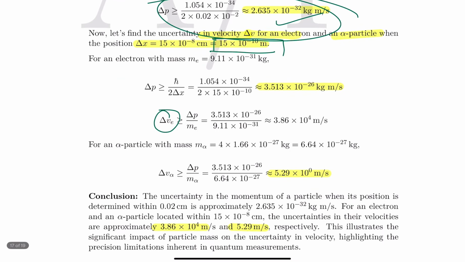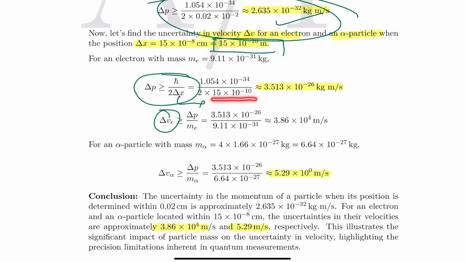Okay, and you have all these things already calculated earlier as well. So we are again taking the momentum form, that is momentum is greater than or equal to h bar by 2 delta x. You have this delta x this time equal to 15 multiplied by 10 to the power minus 10 meter.